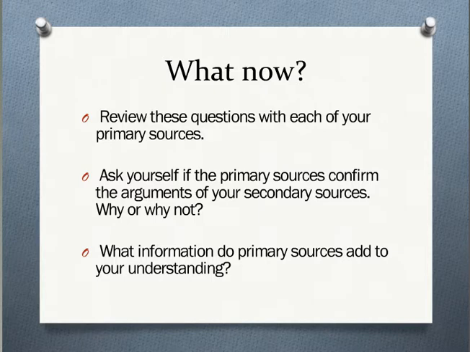Next, and this is important for your research plan preparation, ask yourself if the primary sources confirm the arguments of your secondary sources. Why or why not? Sometimes you will read a secondary source, and it will say, X happened because of this.